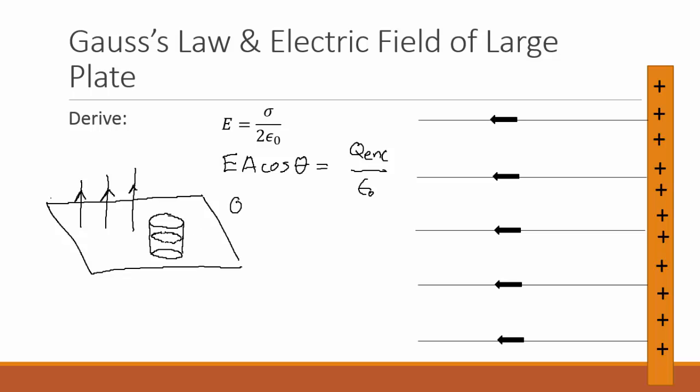So what we have is two parts. We have the flux from the top plus the flux from the bottom, and that'll equal, in this case, the same magnitude E on top and bottom times that same area, this area right here I'll call A, plus the same area on the bottom, the other end cap, and both of them will be multiplied by cosine of 0, which is 1.